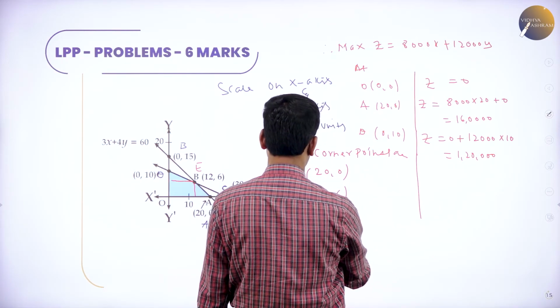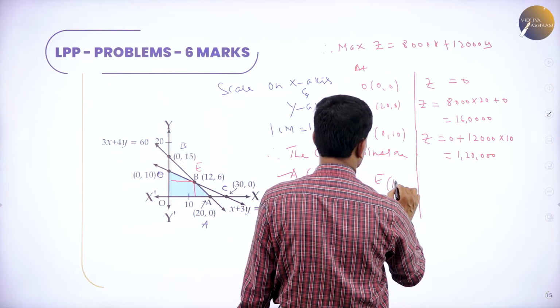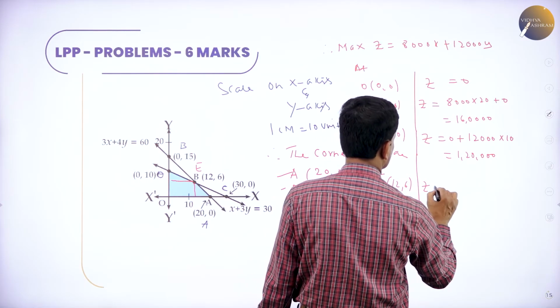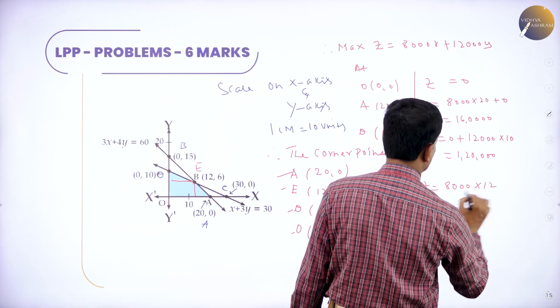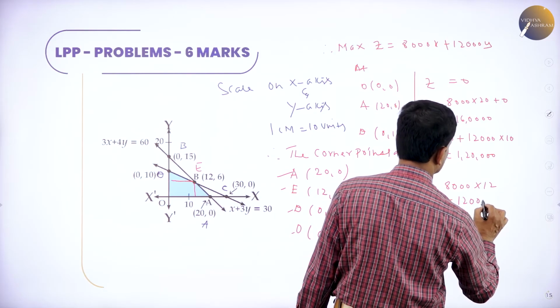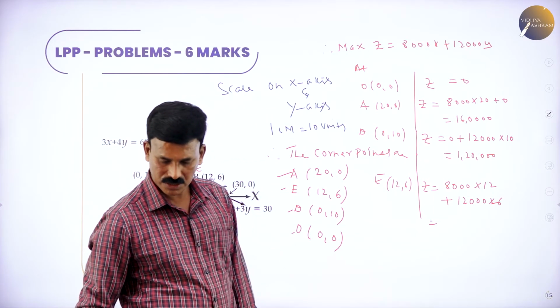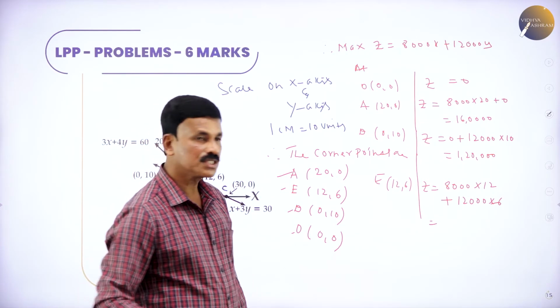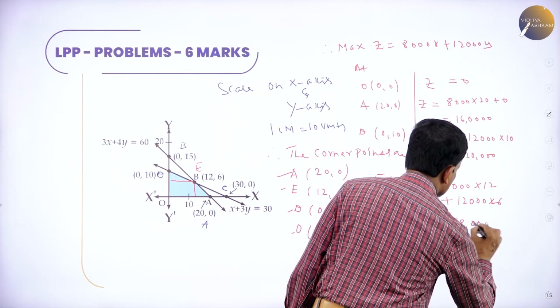Now, at E, what is E? 12, 6. Z is equal to 8,000 into 12 plus 12,000 into 6. So what is the answer we are going to get? It is 1,68,000.